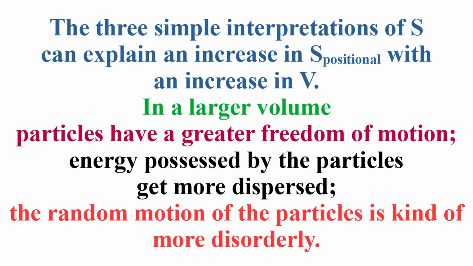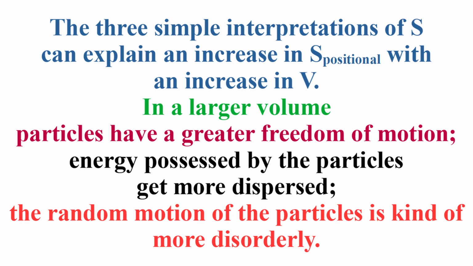The three simple interpretations of entropy discussed in part 1 of this video series can explain the increase in positional entropy with an increase in volume. In a larger volume, the particles obviously have a greater degree of freedom of motion.